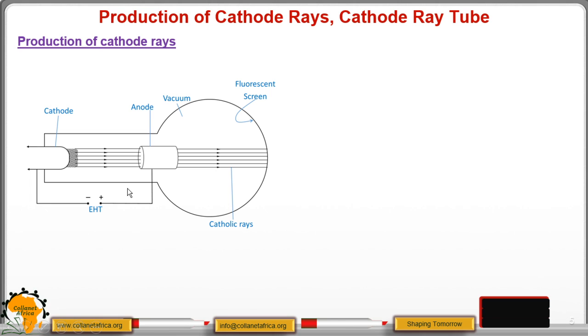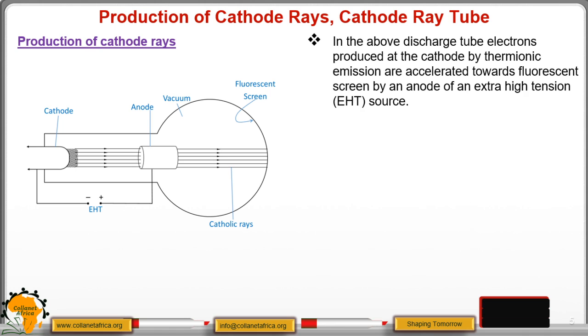Again you can see this positive is connected to the anode because the anode is the positively charged electrode, and the cathode is connected to this negative terminal. So what happens is that when the cathode is heated, electrons will be emitted through what we call thermionic emission.